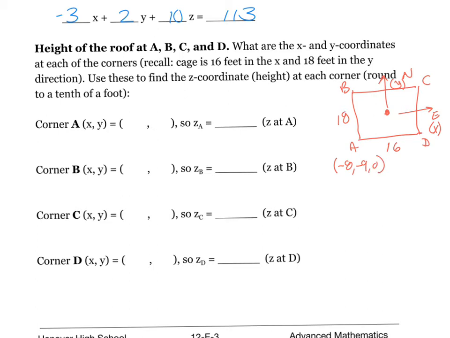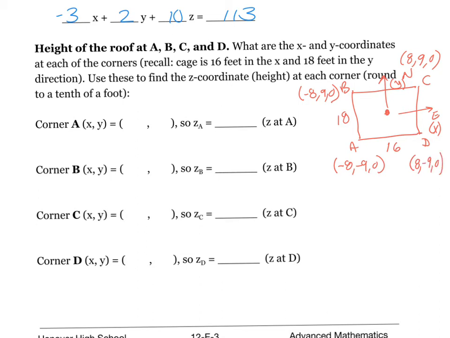So -8 because that's half of 16, -9 because that's half of 18. And the B floor coordinate is going to be -8, +9, 0. The C one is going to be +8, +9, 0. And then the D one is +8, -9, 0.